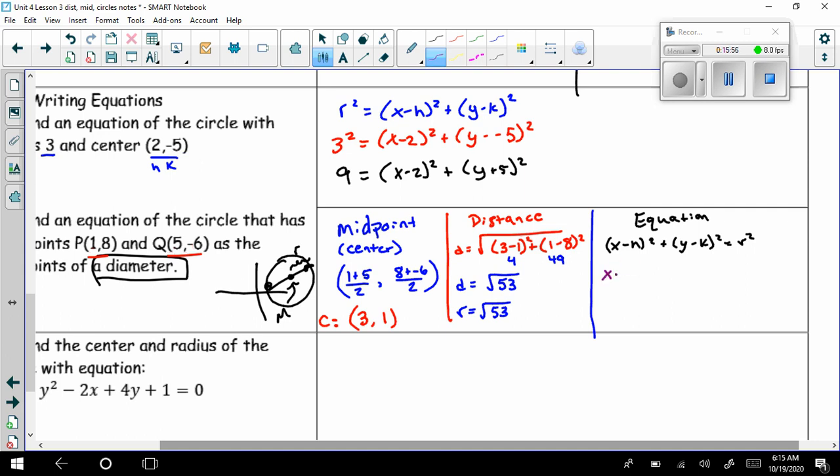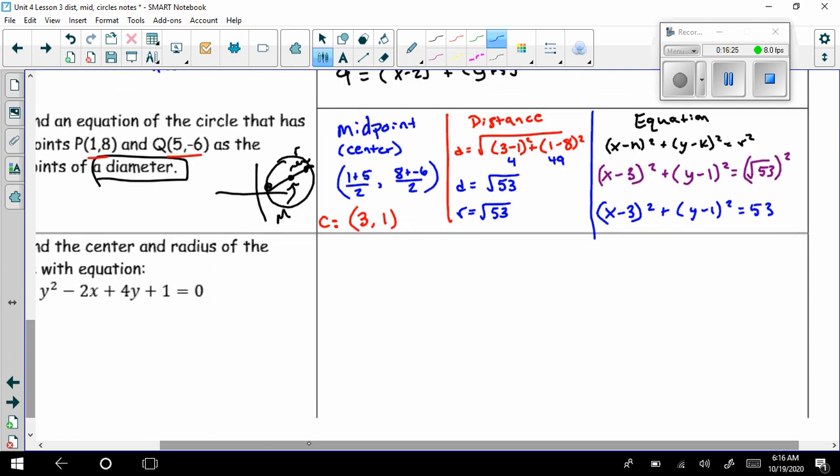So we get x minus, your h value was 3, quantity squared, plus y minus, your k value is 1, quantity squared, equals the square root of 53 squared. And so your last step there is just to simplify that. We get x minus 3 squared plus y minus 1 squared equals 53. Okay.